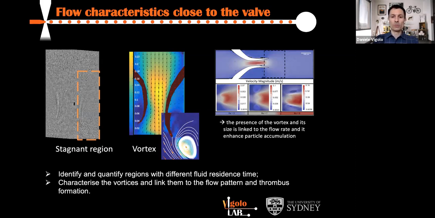But we were able to map different flow conditions, and so map these characteristics of the flow in relation to DVT.